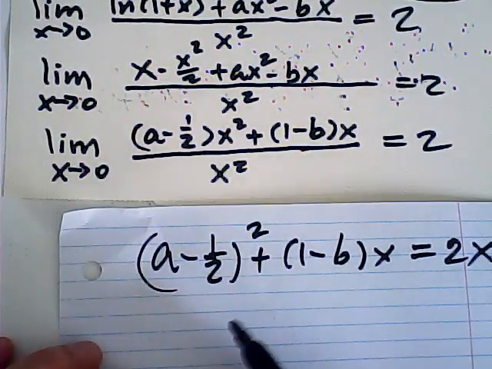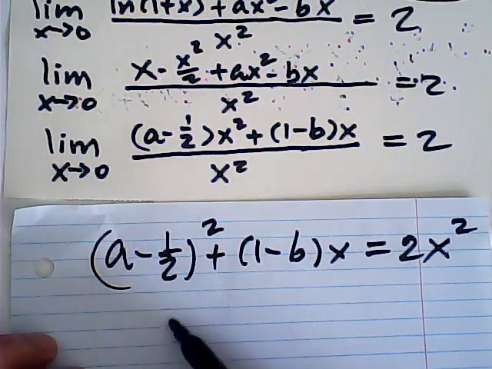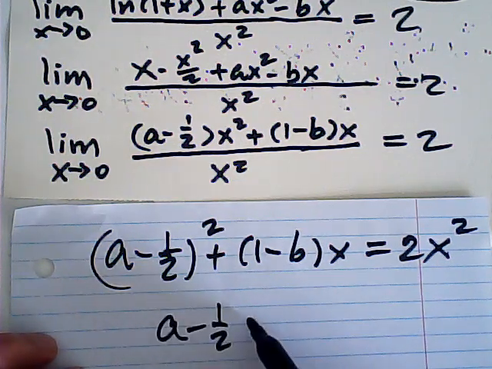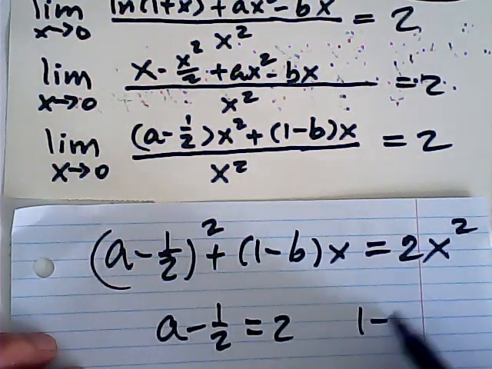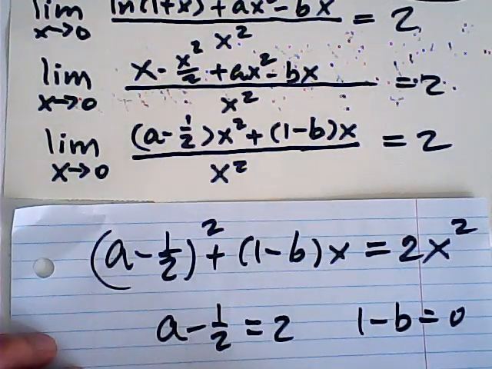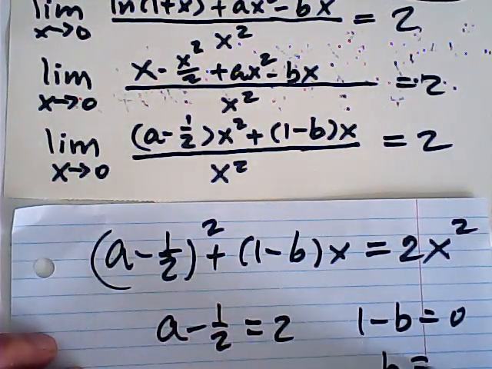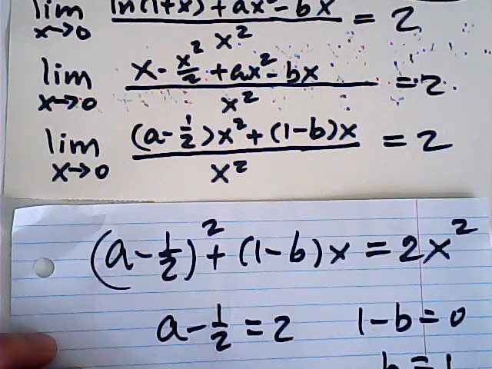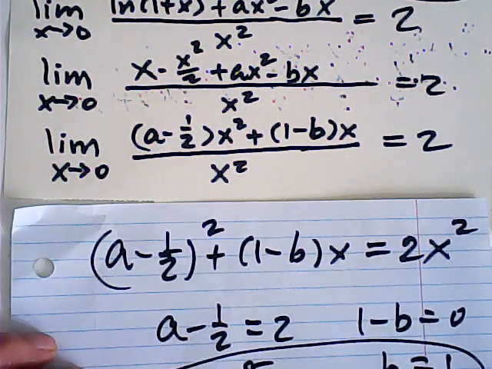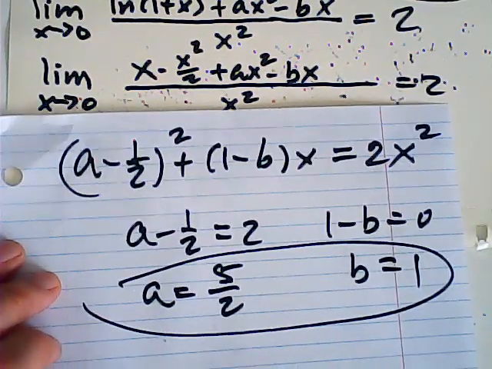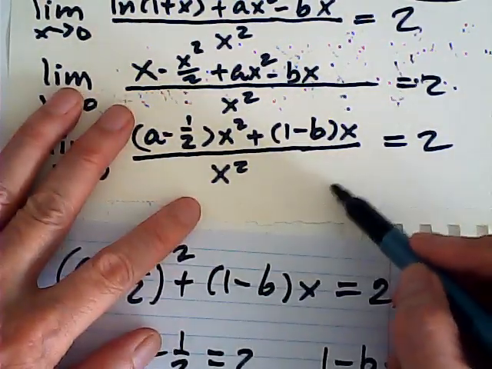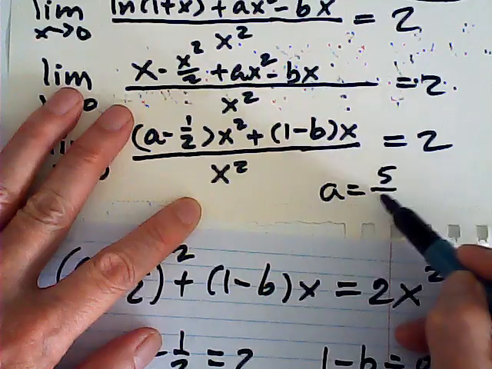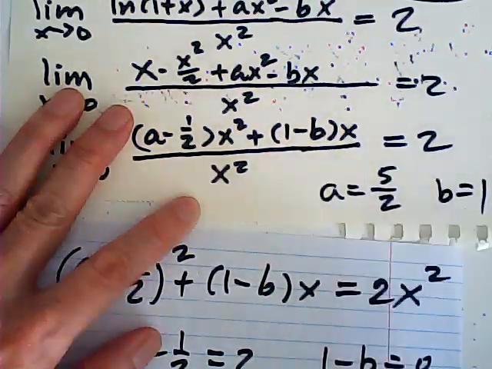Then from here, we know that a minus half is 2, and 1 minus b is equal to 0. Therefore, b is equal to 1, a is equal to 5 over 2. So we get a is equal to 5 over 2, b is equal to 1.